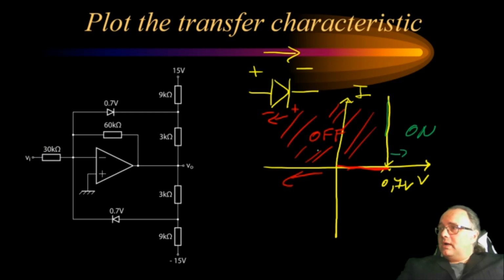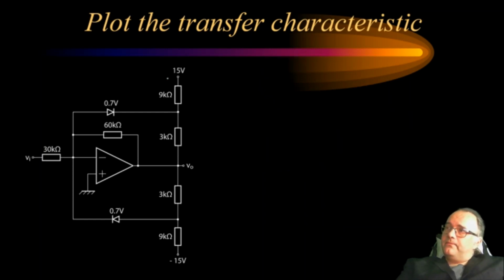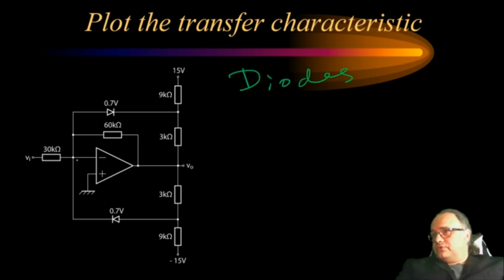Now, because I have these two modes of operation for the diode, or at least I can model, then I can consider the circuit with these two modes, when either the diode is off or when one of the diodes is turned on. Now, when the diodes are off, this for sure happens when the voltages at the input are very small.